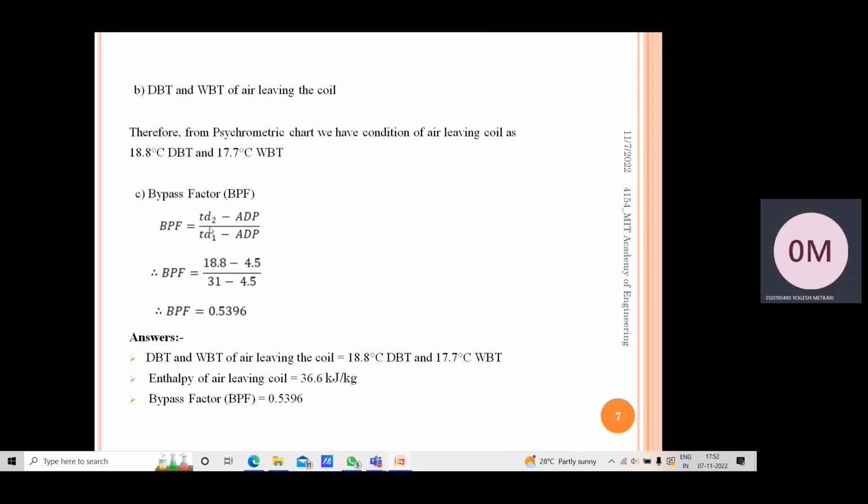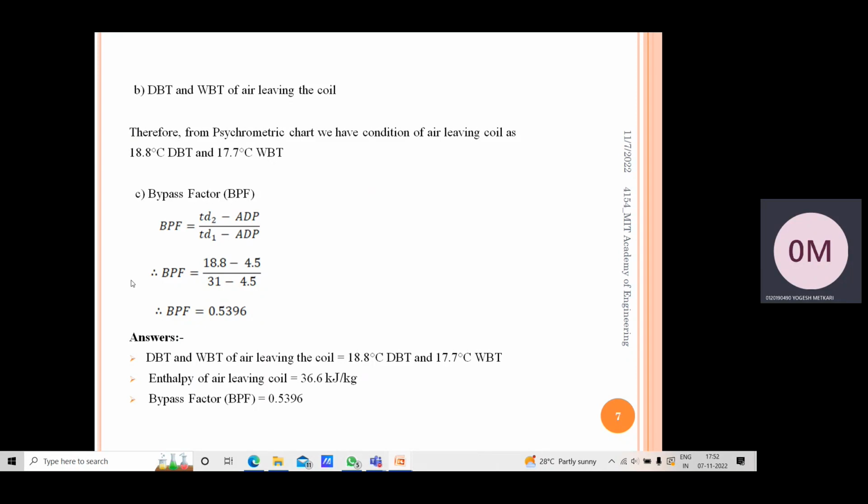We have the TD1 value given in the numerical, and the TD2 value we have calculated from the psychrometric chart, which is 18.8 degrees Celsius DBT. So after putting in the formula, we get bypass factor as 0.5396. So this is the simple numerical which we can solve using the psychrometric chart.